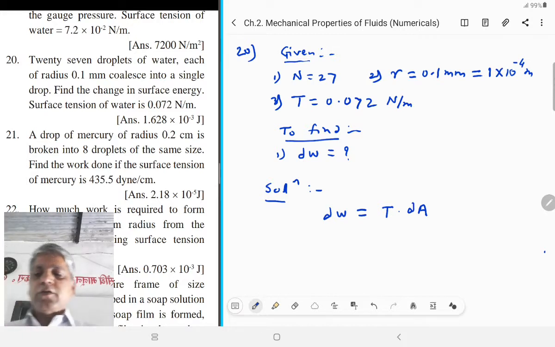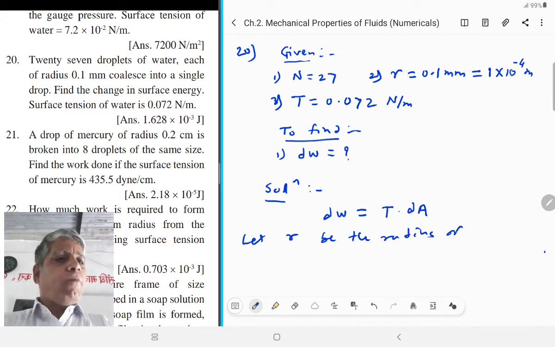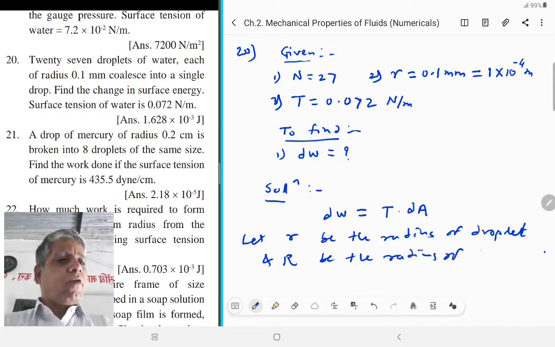Change in surface area. Let small r be the radius of droplet and capital R be the radius of the single drop.